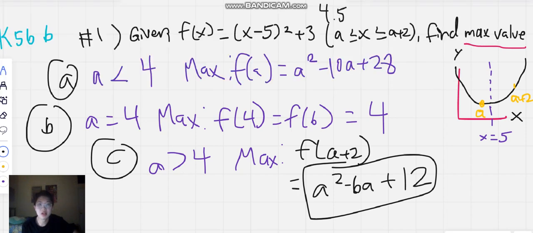Then your boundaries would be from 4.5 to 6.5. 4.5 is only 0.5 units away from your vertex, and 6.5 is 1.5 units away from the vertex, meaning the right-hand side of your boundary is going to be the maximum. In this specific scenario, when a is equal to 4.5, f of 6.5 is your maximum.